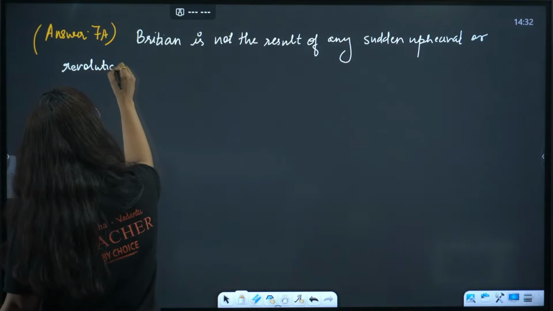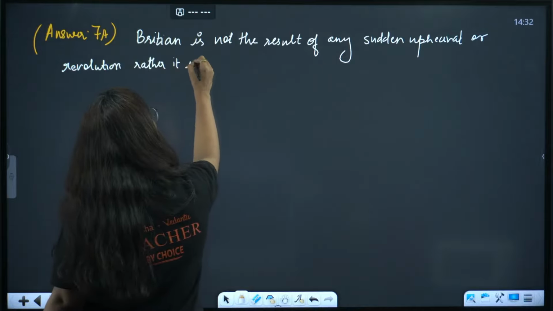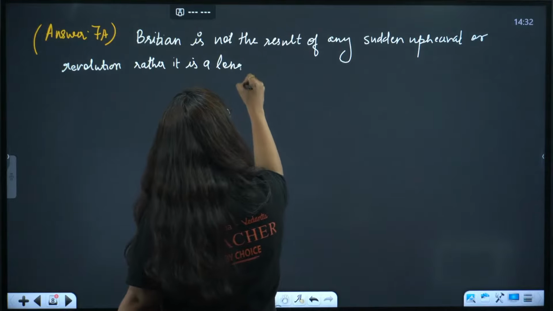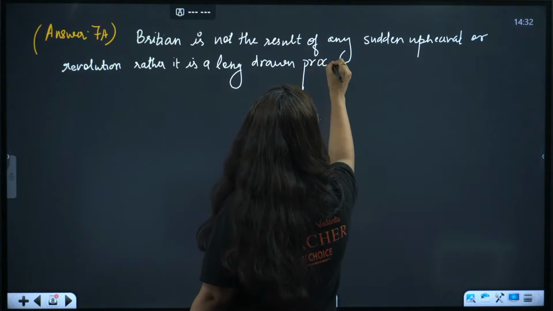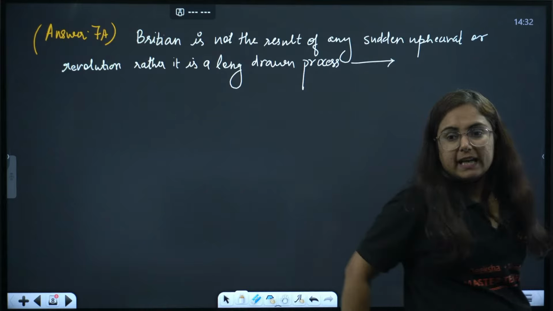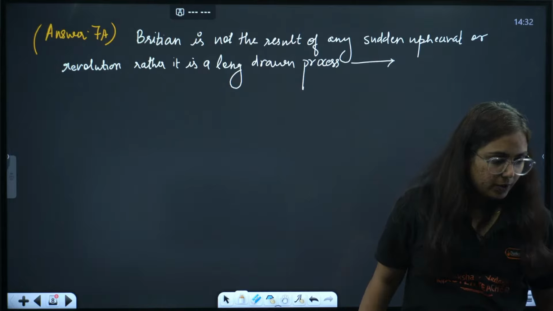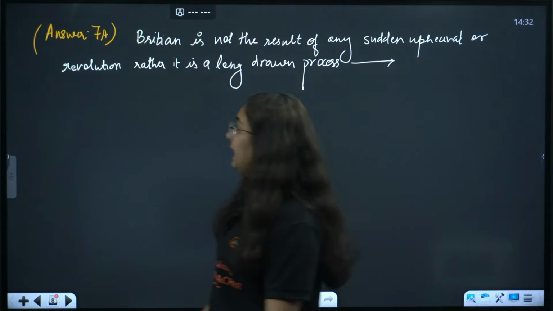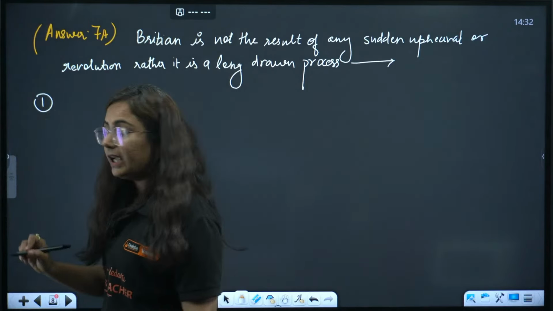Rather, it is a long drawn process. Now what the process includes, we are going to discuss in detail, but in points. Get it? That should be your intro while writing the answer. Very good. We will write the intro for that purpose, the first point.